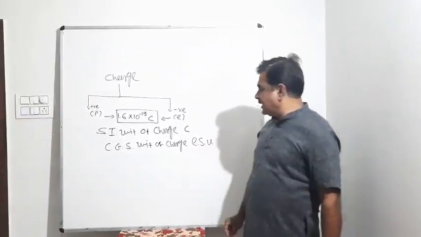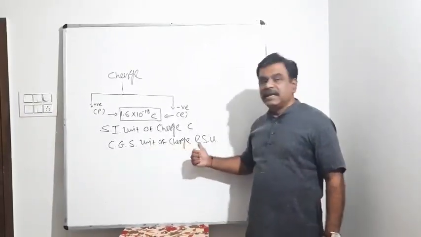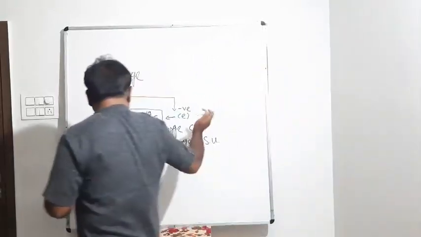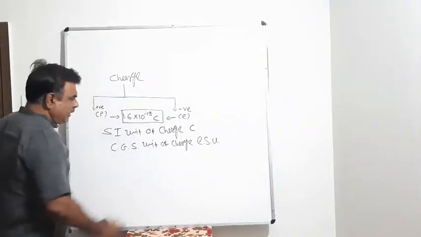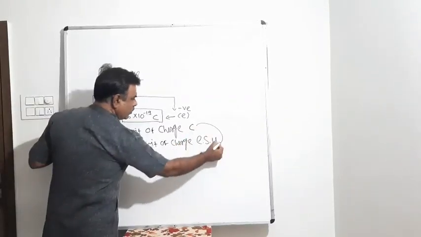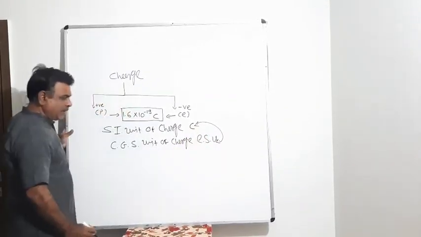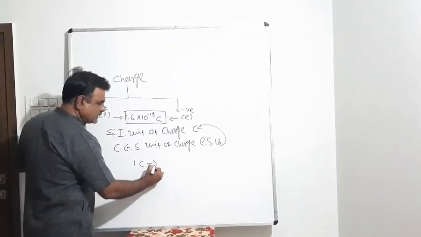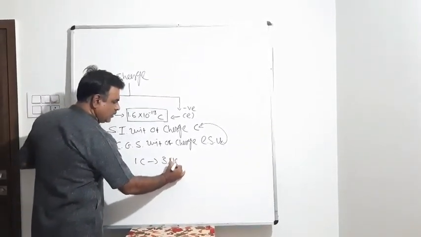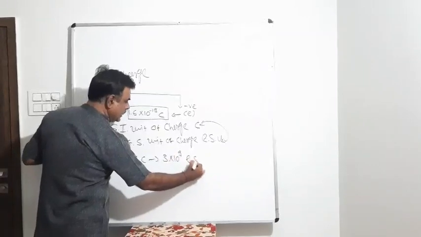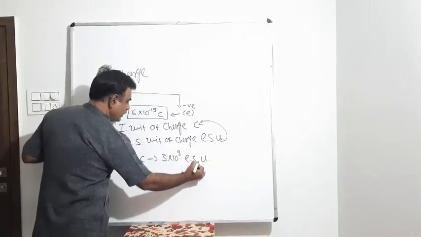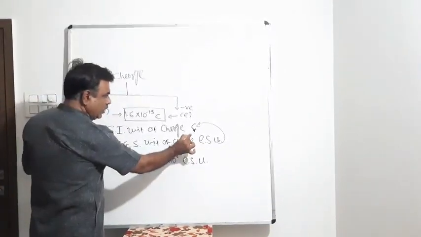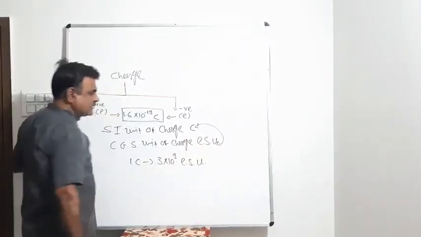In CGS you can measure charge in ESU, that is electrostatic unit. In some MCQ or numerical you may require the relation between coulomb and ESU. So remember, 1 coulomb is equal to 3 into 10 raised to 9 ESU. Coulomb is the SI unit, ESU the CGS unit.